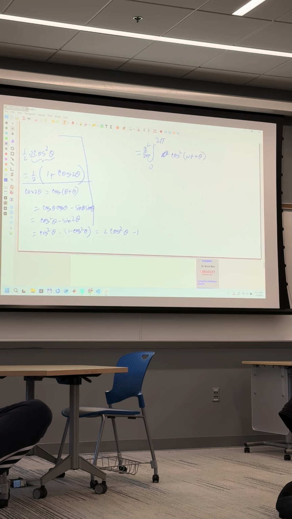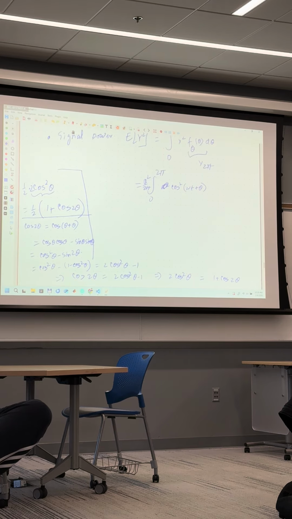So your cosine 2 theta equals 2 cosine squared theta minus 1. Therefore 2 cosine squared theta is basically 1 plus cosine 2 theta. And that's exactly what we wrote. So this is from a trigonometry identity, guys. This is not part of the solution.